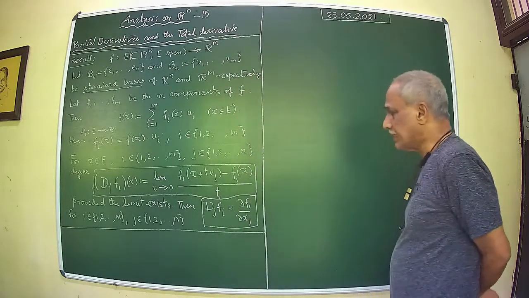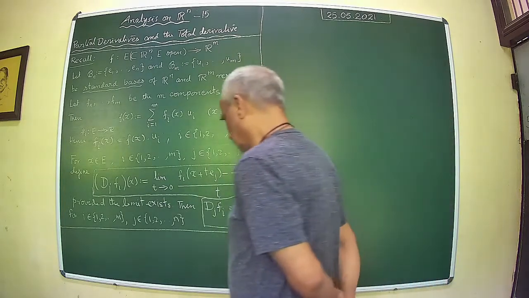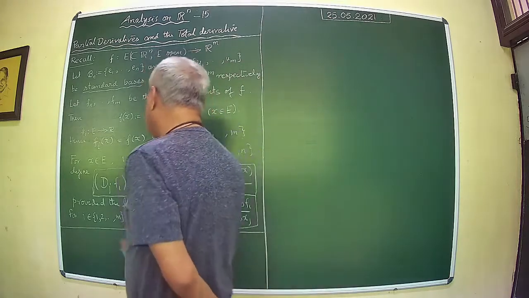If the limit exists, then we denote it by djFi.